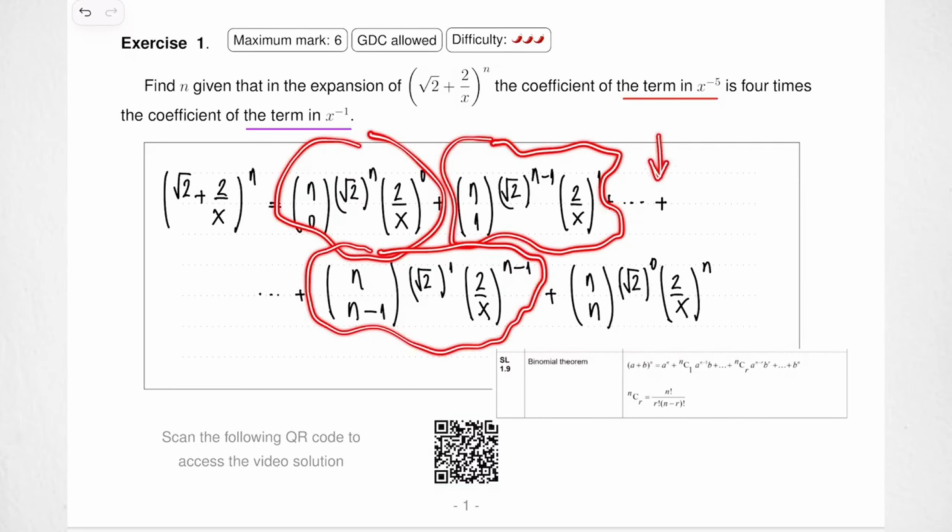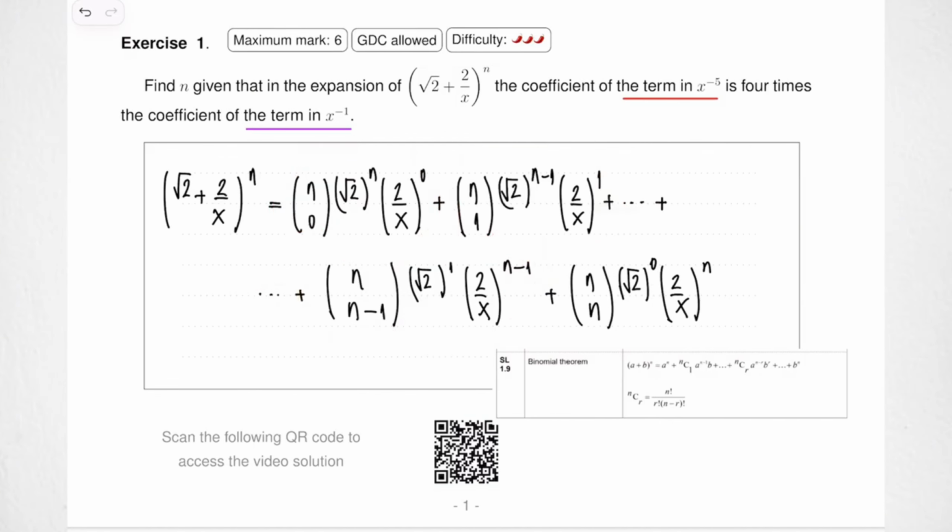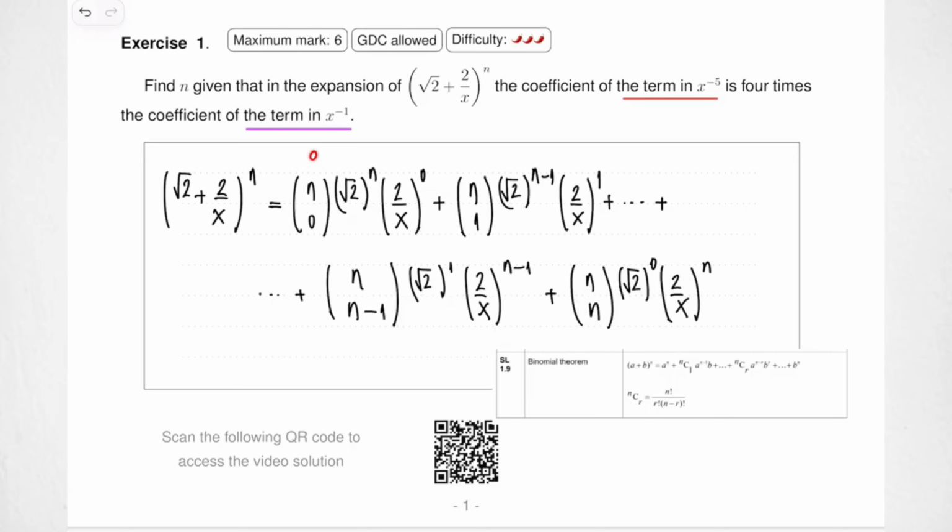And it could be somewhere in the middle here as well. Now, given that a binomial coefficient is just an integer, given that root of 2 to the power of n is a number, could be an integer, could be an irrational number depending on the power. From these 3, the only one which is going to influence and create a power of x is this last one, meaning that we need to focus on them.